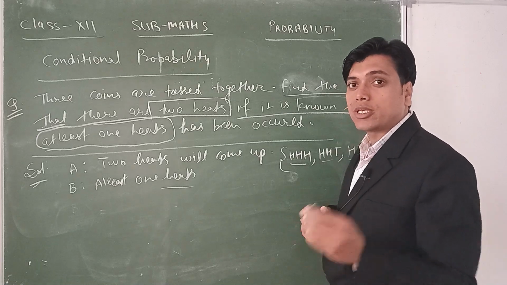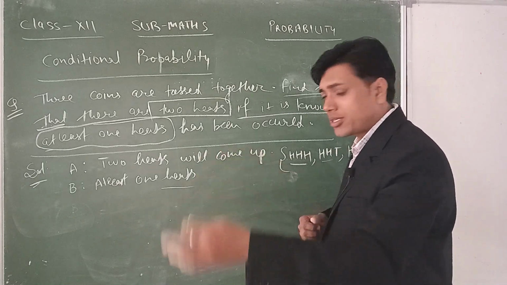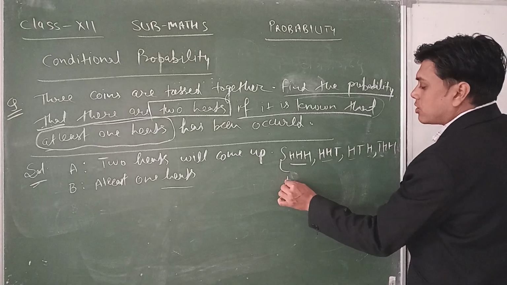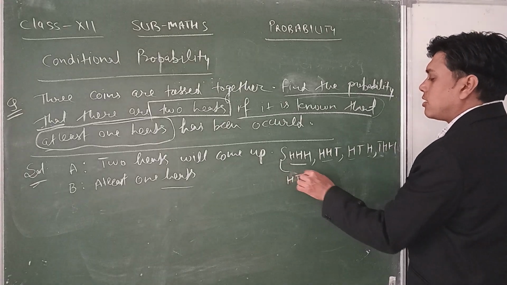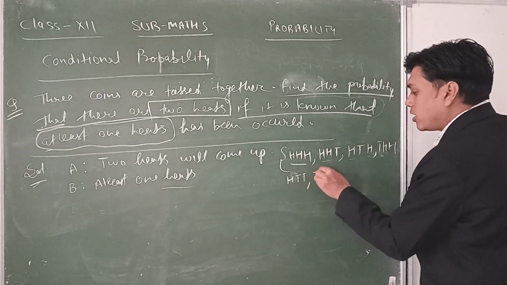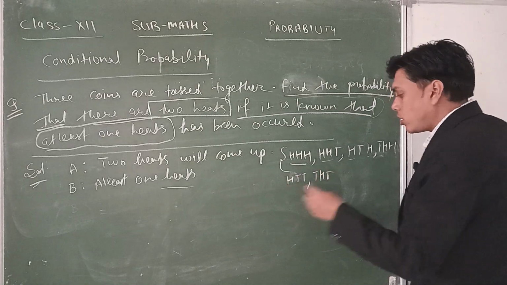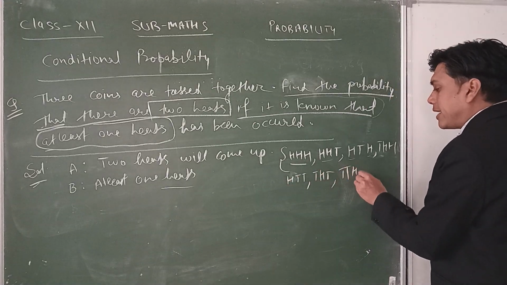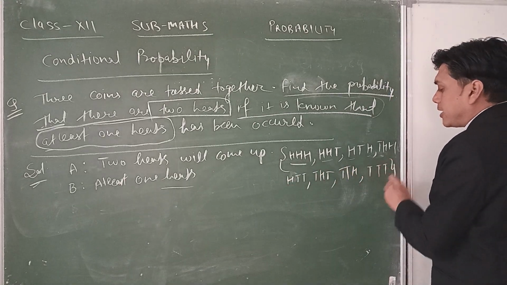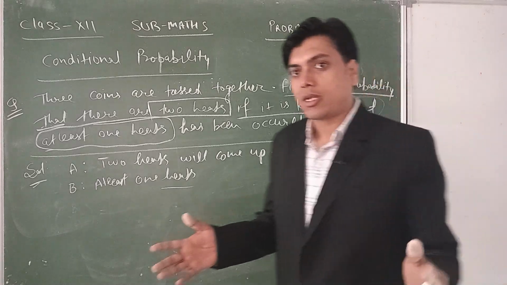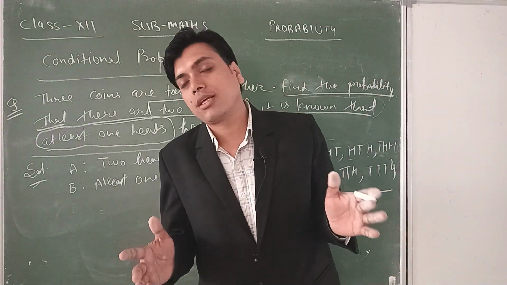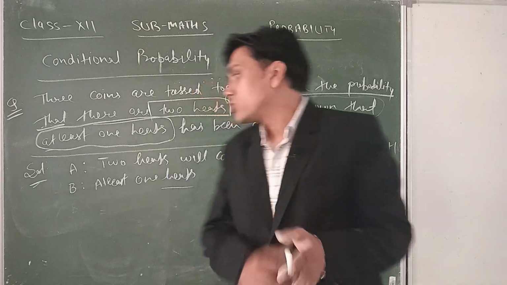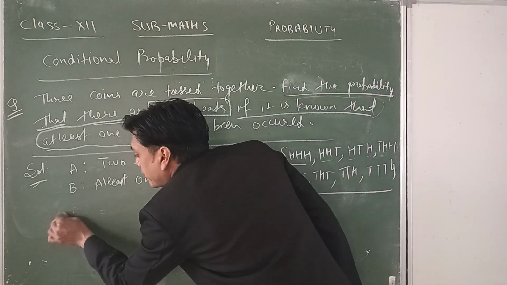So one tail will be there, either first or second or third. Similarly, two tails can be there: the first will be head, or the second will be head, or the third can be head, and lastly all three can be tails. So these are all possible outcomes, eight in number. Fine. So first of all, find the probability of event A.